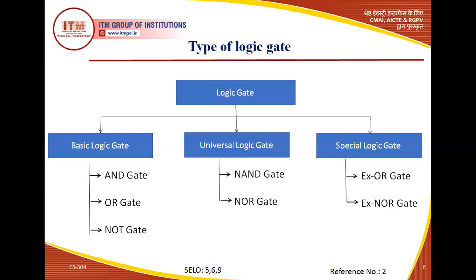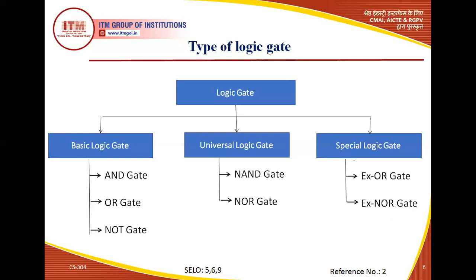While in the case of special logic gates, XOR and XNOR gates come under the category of special logic gate. In many Boolean function realizations, we have the expression of XOR and XNOR. That's why we design these gates, so we can directly implement the Boolean function of XOR and XNOR by using these logic gates.